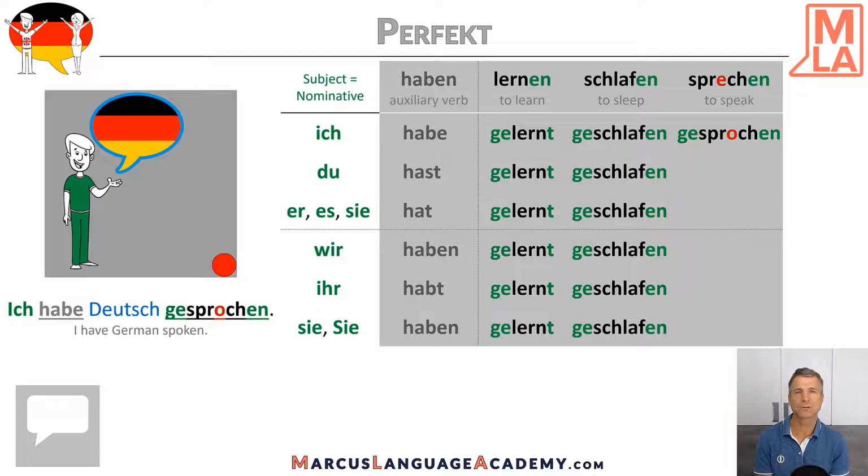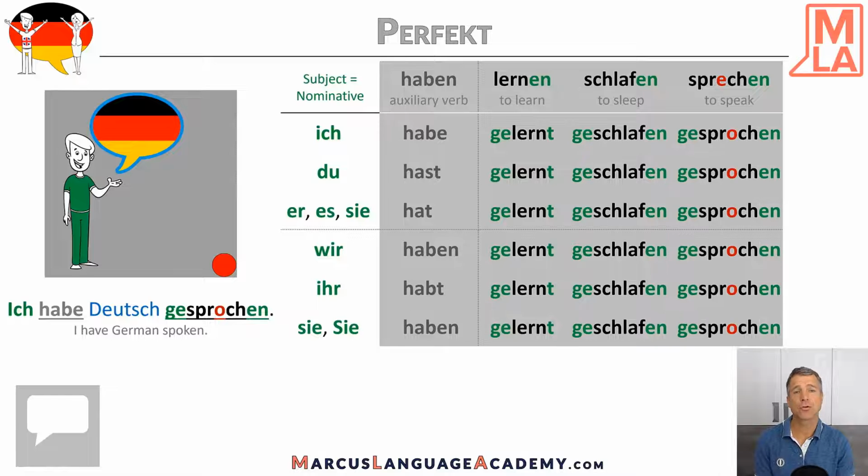Okay, so that's a good hint, no? To remember, gesprochen ends in en. And the rest of the persons, obviously, it's the same. Du hast gesprochen, er hat gesprochen, wir haben gesprochen, ihr habt gesprochen und sie haben gesprochen. Okay, so that's a little bit the perfect, no?